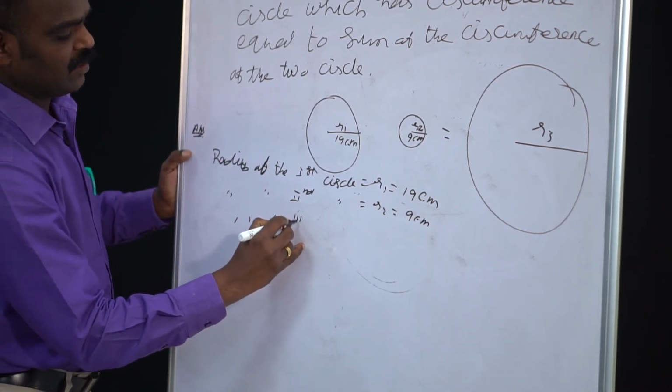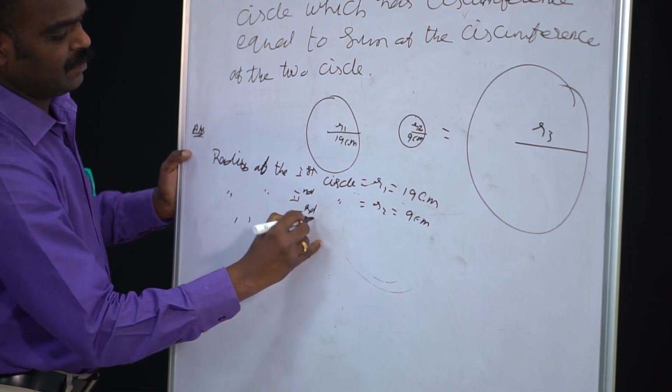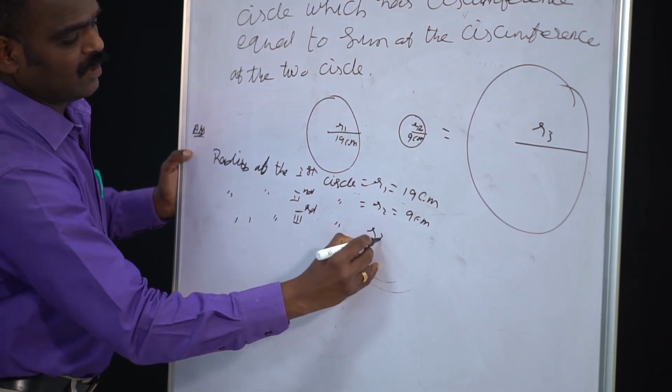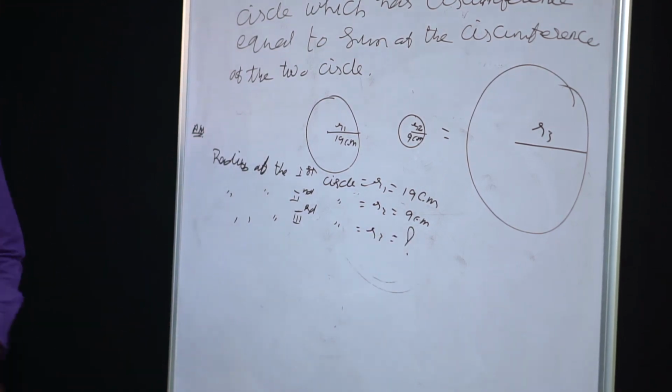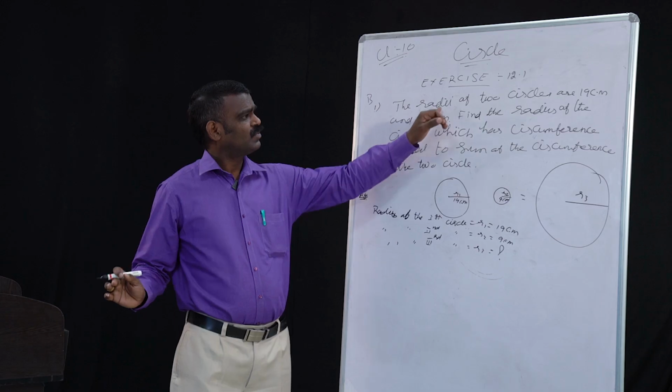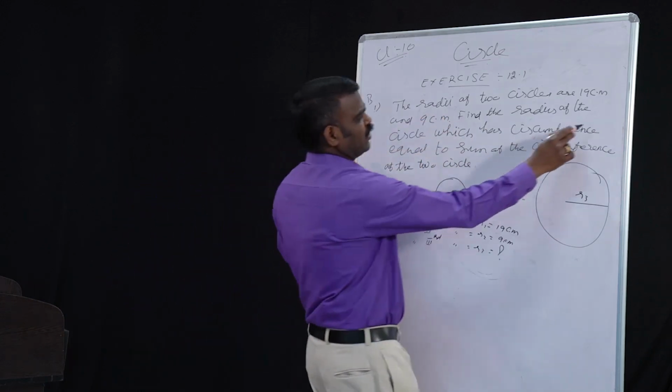Radius of the third circle, R3 equal to question mark, we do not know. What is our question? Circumference.